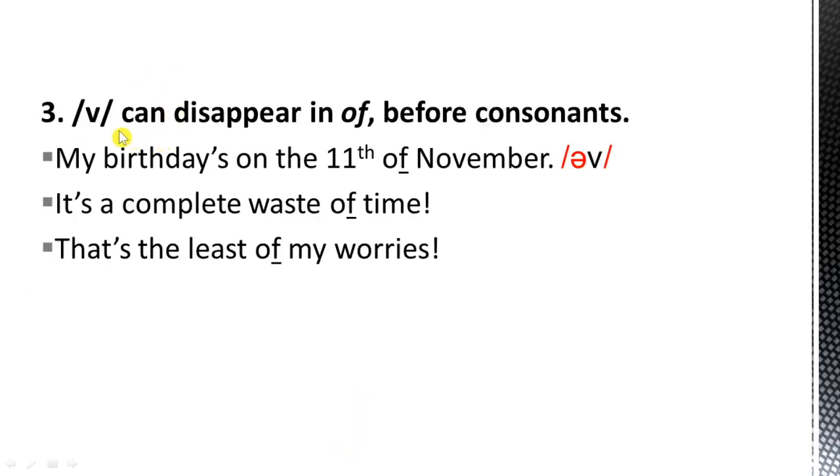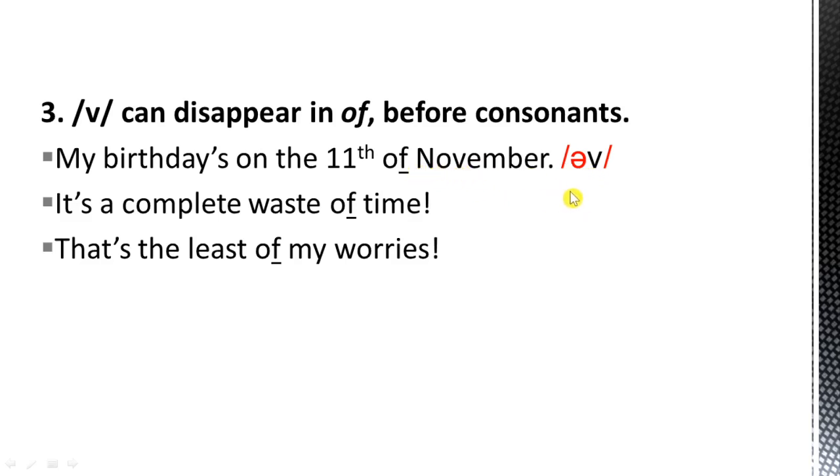Another example is when the v sound disappears in "of" before a consonant, like here: "my birthday is on the 11th of November."